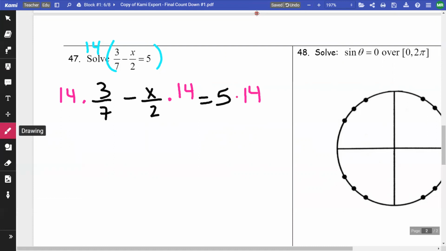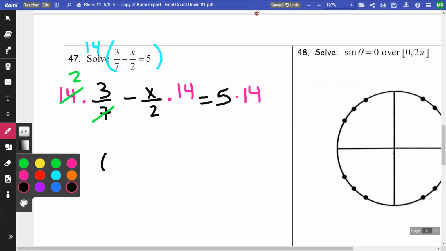And the reason I did that was because 7 goes into 14 twice. So that'll give me a 6. 2 goes into 14 7 times. So I'm going to get a negative 7x. And then 5 times 14 is going to be 70.